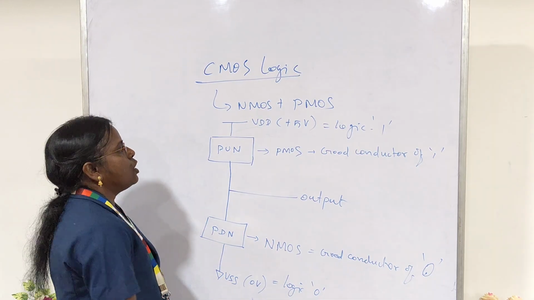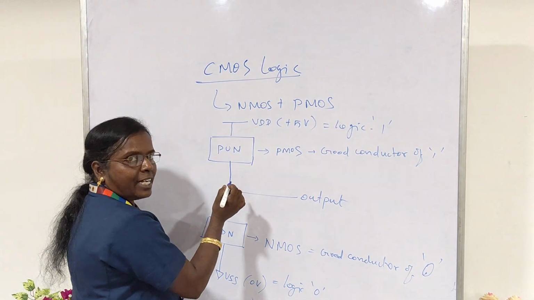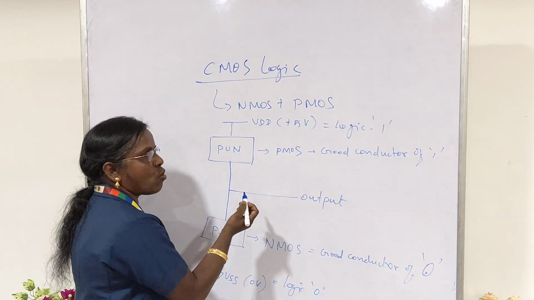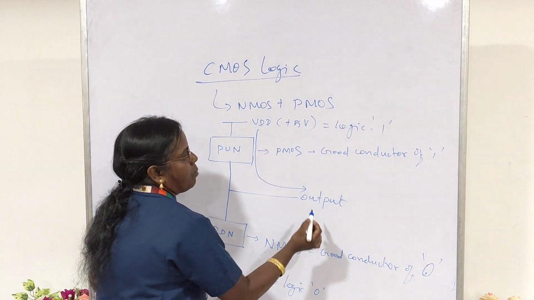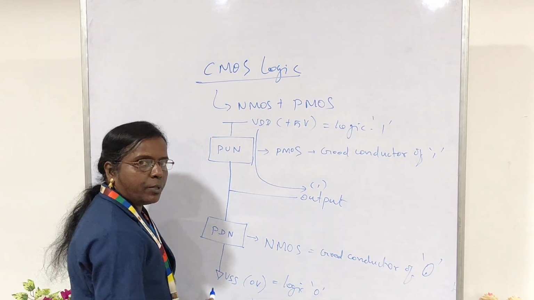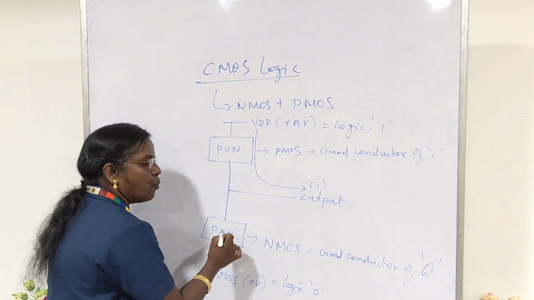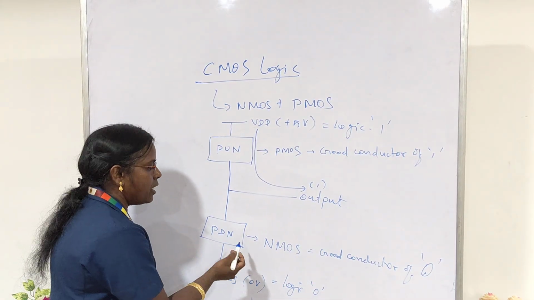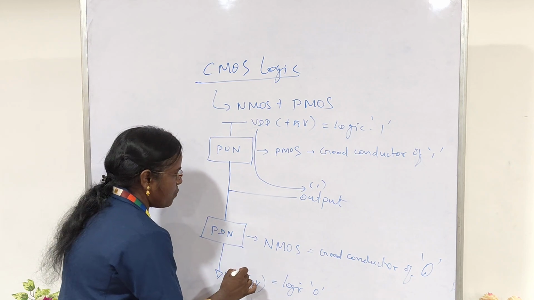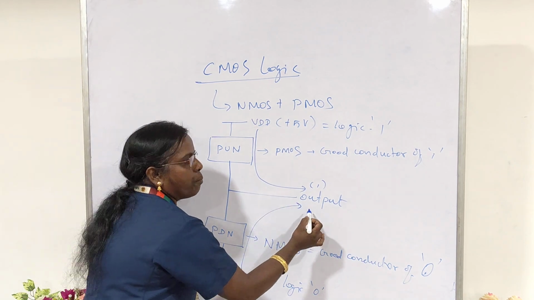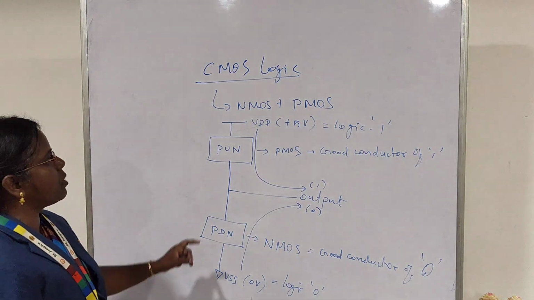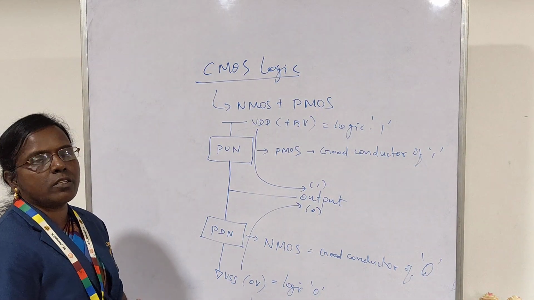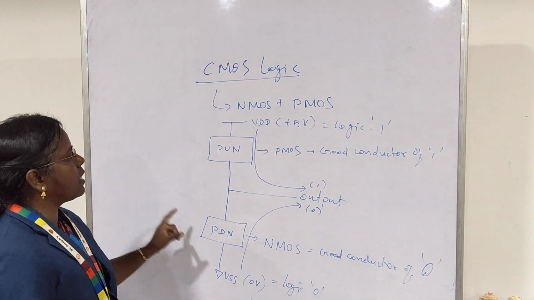So whenever the pull up network is active, that means it is switched on, it transfers the VDD logic to the output terminal, where the output will become 1. And whenever the pull down network is active or turned on, it transfers the ground potential to the output terminal, so the output will become logic 0. So this is the logic behind this CMOS logic configuration, the general structure.